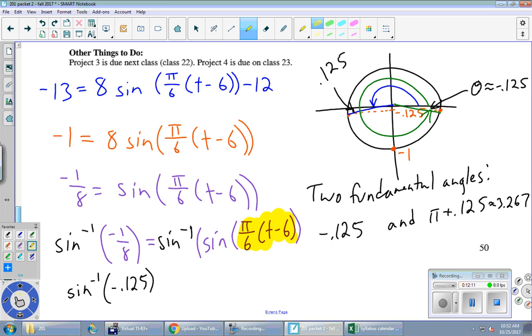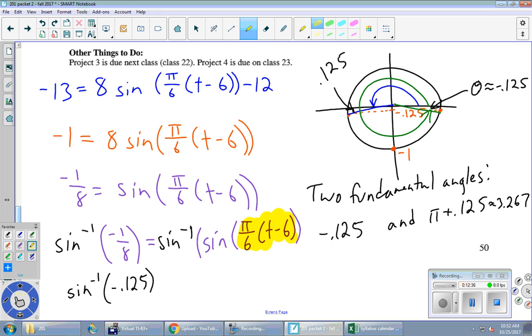Additionally, I said that there were two fundamental angles, blue and green, but really there's infinitely many angles if we just keep wrapping around however many times we want in whichever order we want. And so then the last technique is to say, okay, negative 0.125 is one part of that family, and then we can add any number of 2 pi's and still get it. I'm going to do plus 2 pi n, it's just going to be my default.